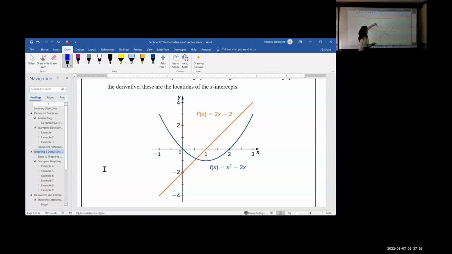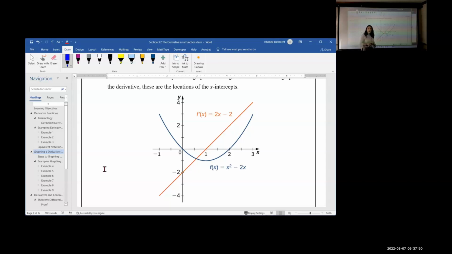Then as I come towards the origin, notice that the slope of the tangent line is becoming less. All right, it's still negative, but it's becoming less, so it's coming this way. When it reaches this bottom part right here, at one instant, the tangent line is horizontal.